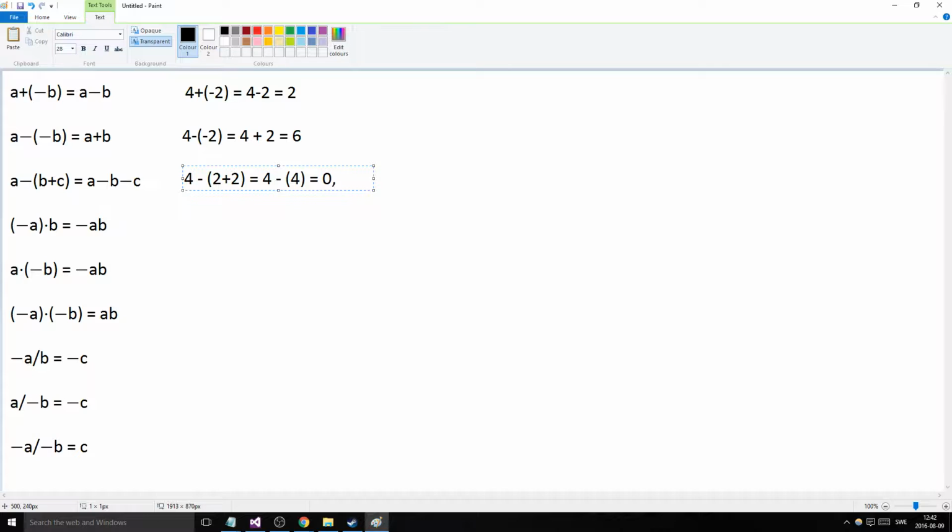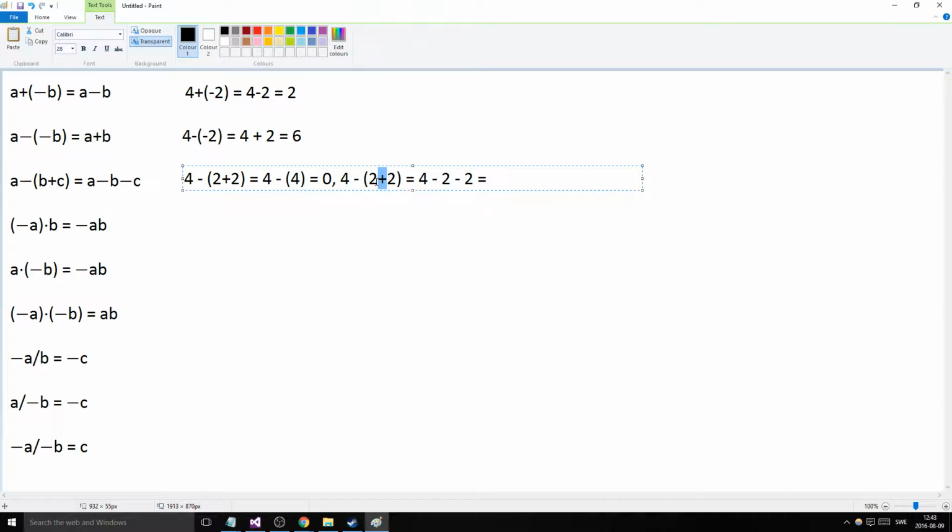There is another way to do this here, which is going to be 4 minus (2 plus 2) equals 4 minus 2 minus 2 equals. So what we did here, we broke open these parentheses, and every time there is a minus symbol, a subtraction symbol, in front of the parentheses, when we open them, we have to change every symbol within the parentheses to the opposite.